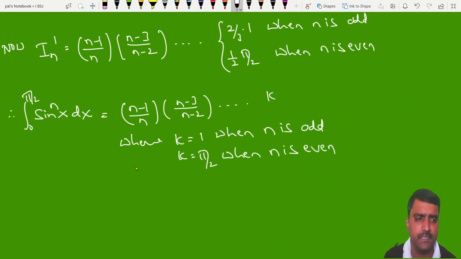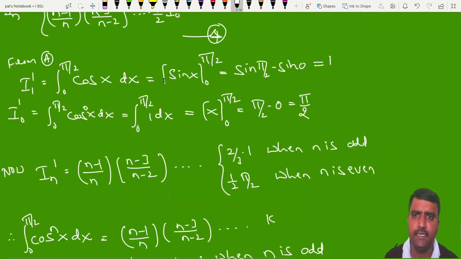Okay, so this is the reduction formula for cos to the power n x. Sorry, I was writing sine. So this is the reduction formula for cos to the power n x. The reduction formula for cos to the power n x dx is what we write here.